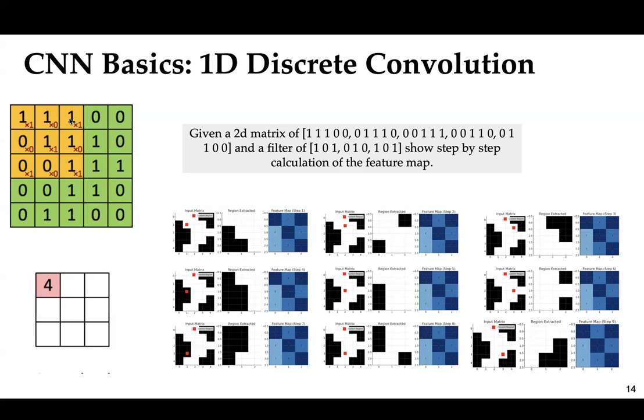Any questions? And the output for the feature map is going to be something like this. This is the input matrix, and then here's going to be the region extracted for that, and it's going to be the feature map. This is -1 to 0. It's like a representation. So you have the 3 that we calculated, and this is 4.